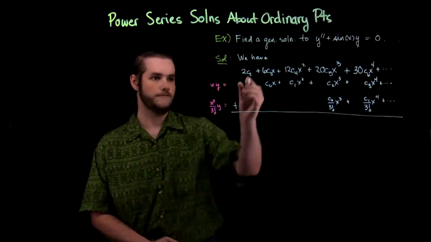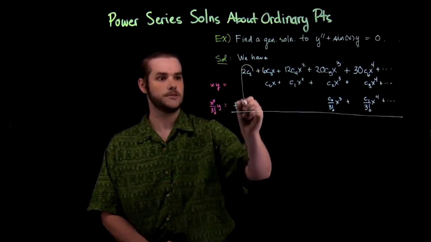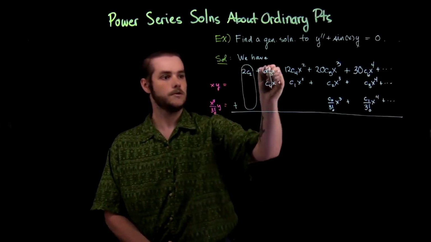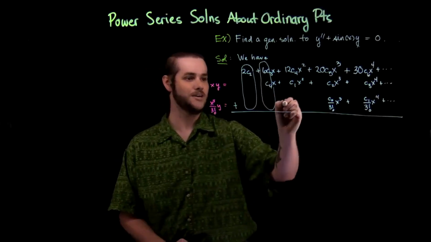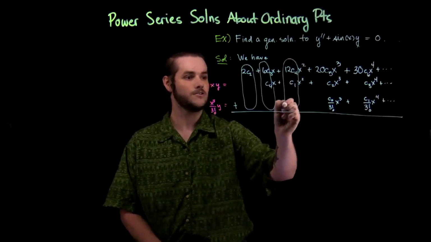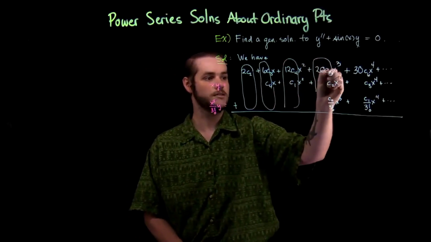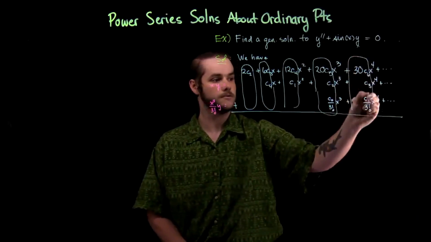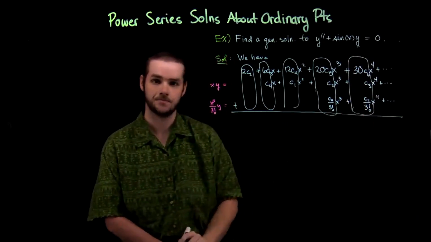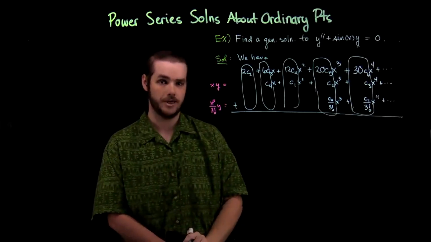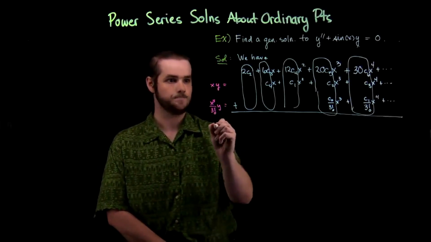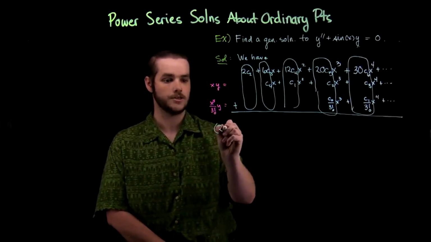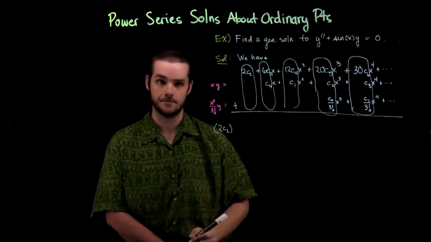And so if I match columns, I've written this strategically so that we can see the coefficients on every degree of x. If I factor out like terms, I get that in terms of constants, I just have 2c2.